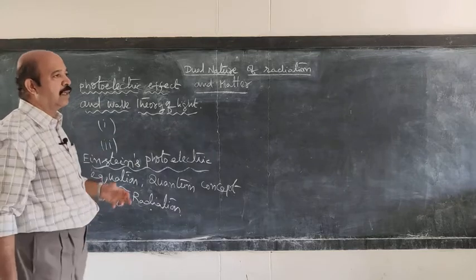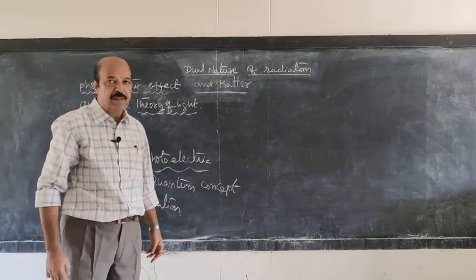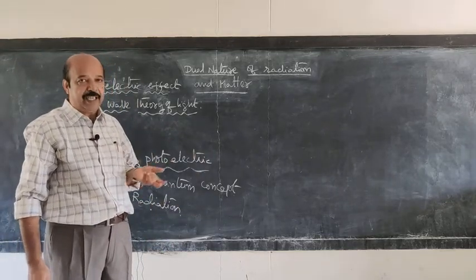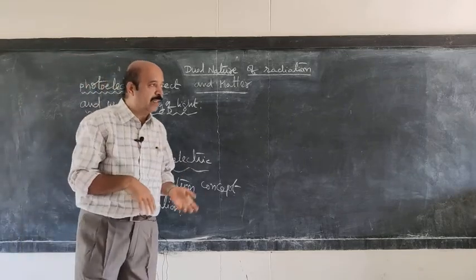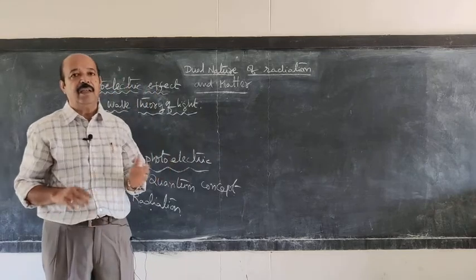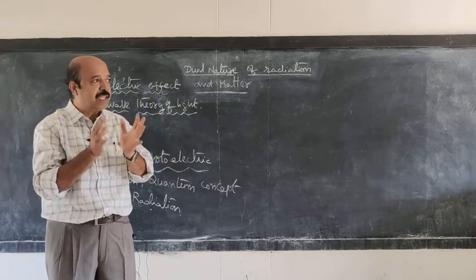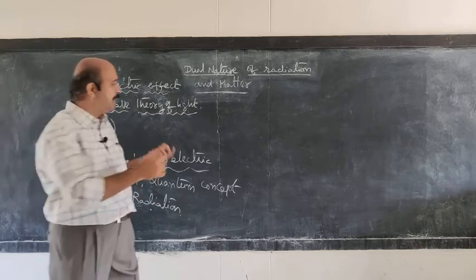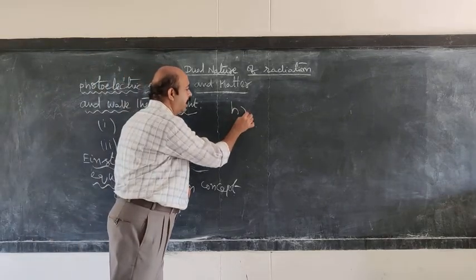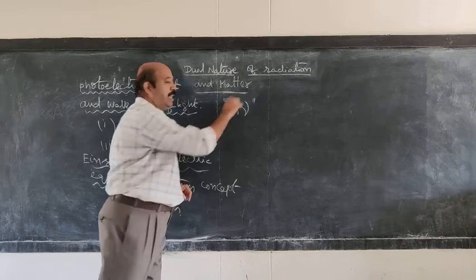He took the concept proposed by Planck for energy radiation. That is, the energy of the electromagnetic waves is transferred in fixed amounts, in fixed energy packets called energy quanta. The energy of each quantum is given by h times the frequency of the radiation.